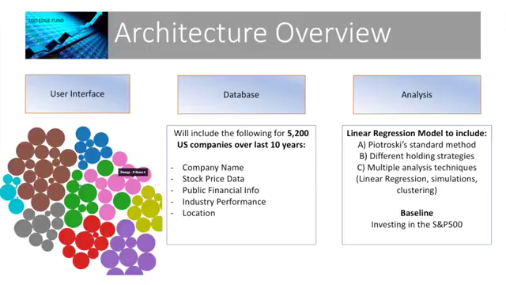We'll try to use different durations, as well as we want to see the delta in the F-score. How does the change in F-score actually affect the results? And additionally, where Piotrowski used only a linear regression, we're going to use simulations and clustering, and that is based on the S&P 500 as a baseline.